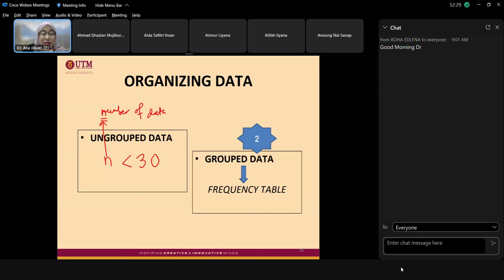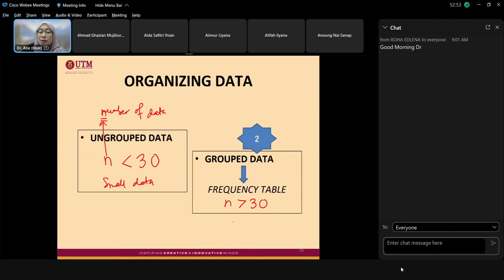When n is less than 30, we can say it is a small data set. And if our n is more than 30, it means that we need to group the data to organize it, to make it easy for us to analyze it later.